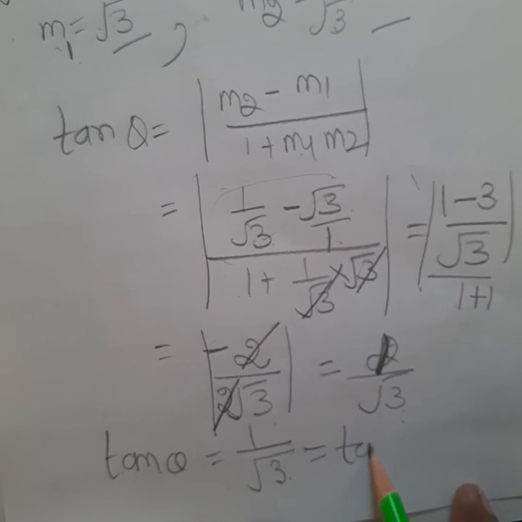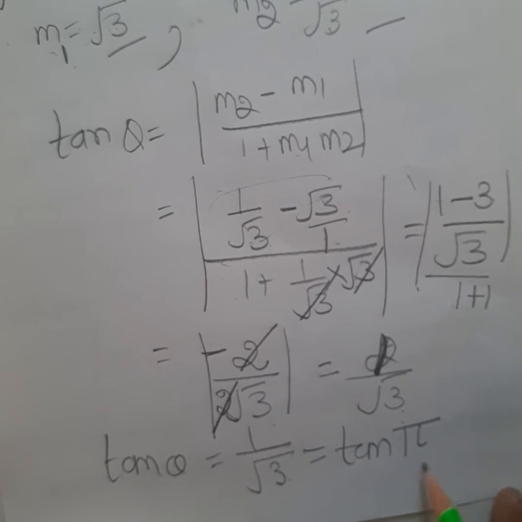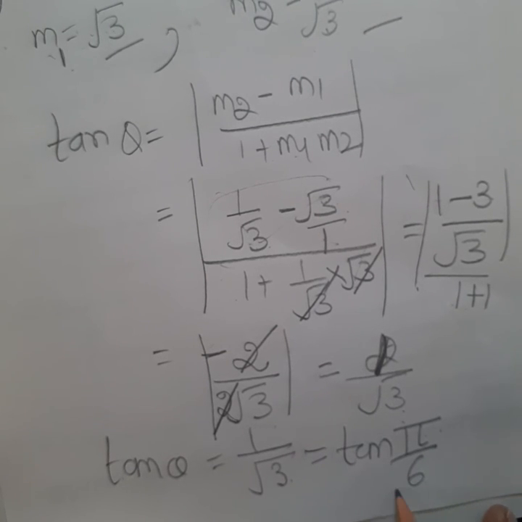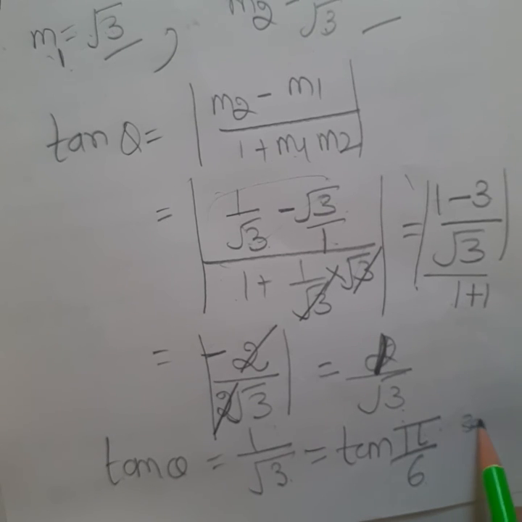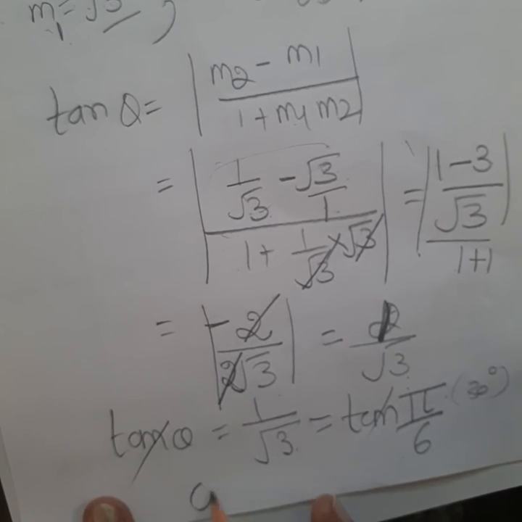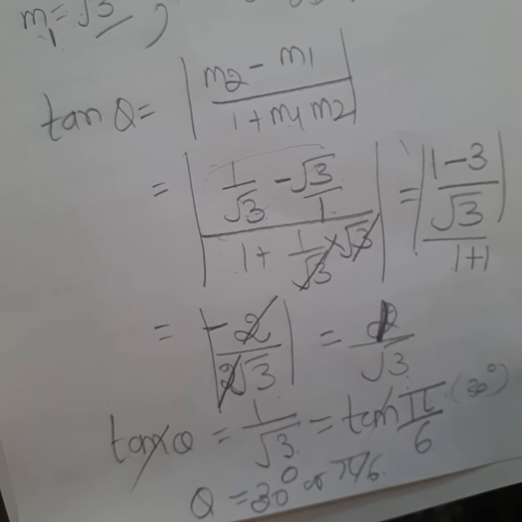If we have to write the 30 degree in the form of pi, then we can write here pi by 6, because the value of pi is 180, and by cancelling 6 by 180 we get 30 degree. So by cancelling tan from both sides, you get theta is equal to 30 degree, or you can say pi by 6. So students, this is the angle we can find between the two lines.